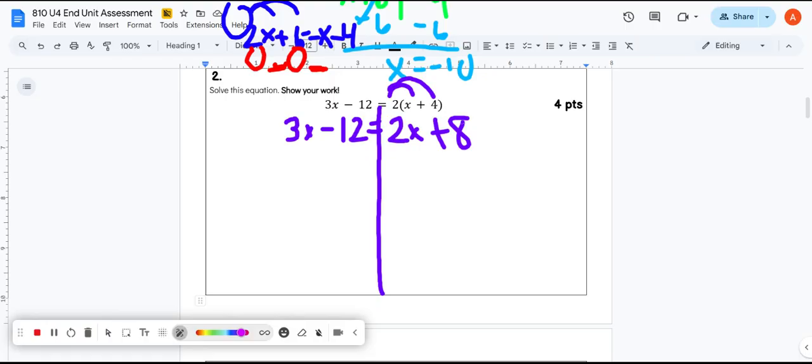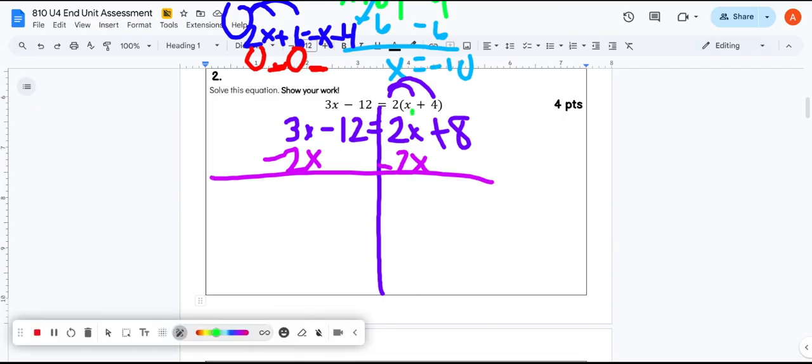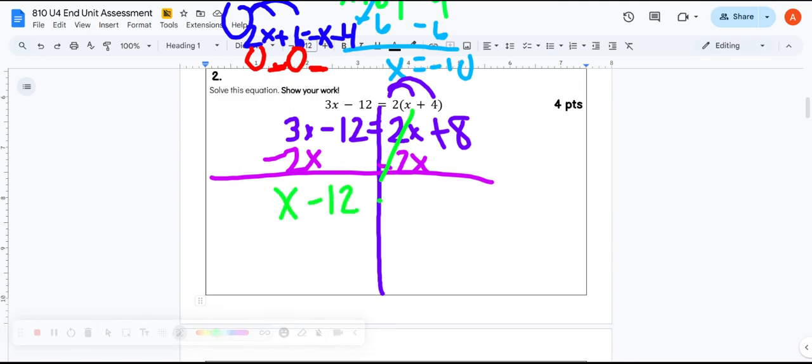And I'm going to go ahead and there's many possible next steps, but I always like to make sure my variable is on the same side of the equation. And since I had a positive 2x, that's why I'm subtracting 2x to eliminate them on the right side of the equation. Now I'm left with x minus 12 equals 8.